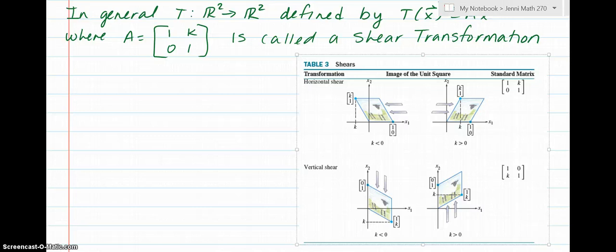You can see here we did a horizontal shear. But there's actually a vertical shear if you put k in this bottom left corner instead of the top right corner. Hope that helps.